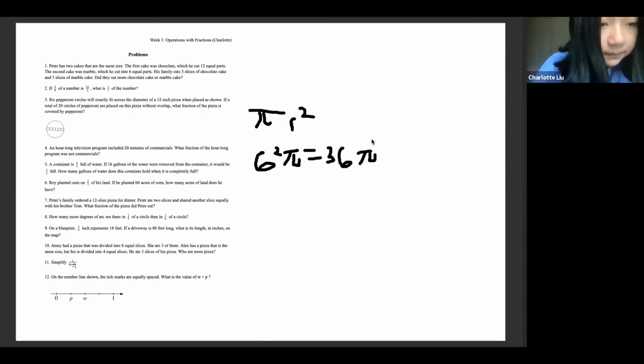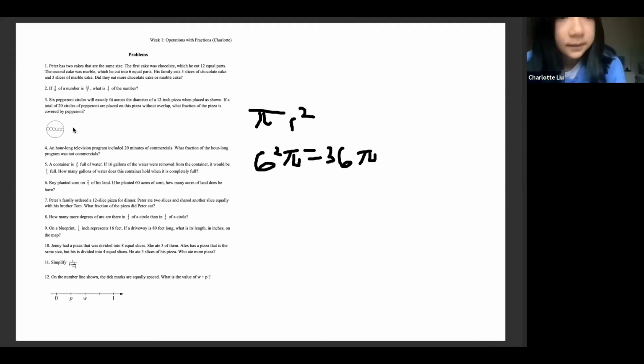So now we need to find the area of the pepperoni. If the diameter of the pizza is 12, then the diameter of each pepperoni would be 12 divided by 6, because there are 6 across. So you get 2, and the radius would be 2 divided by 2, which equals 1.